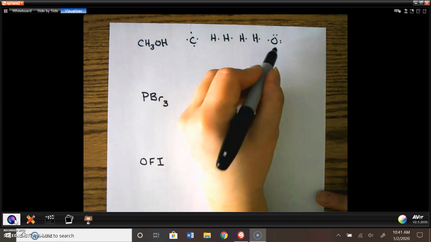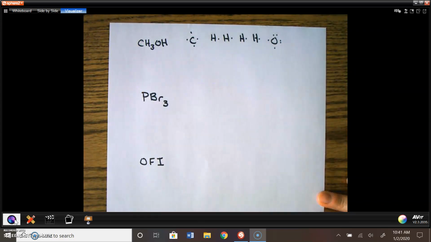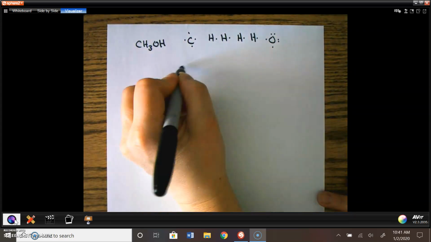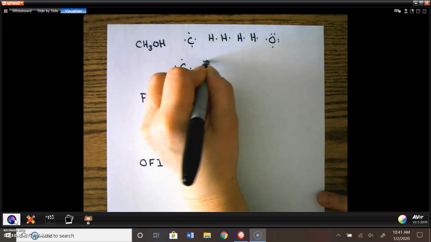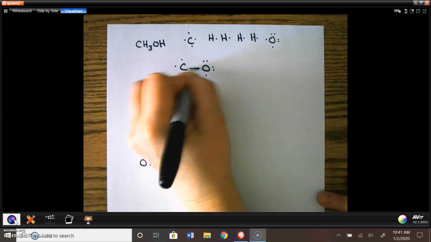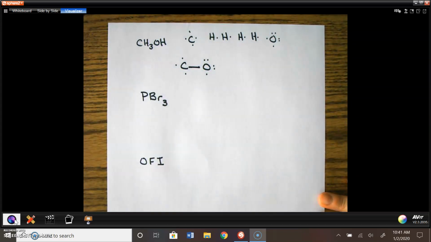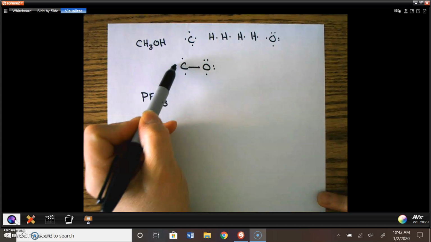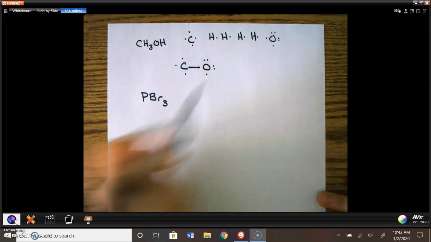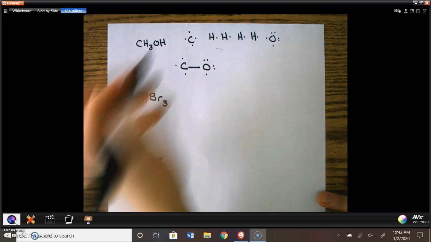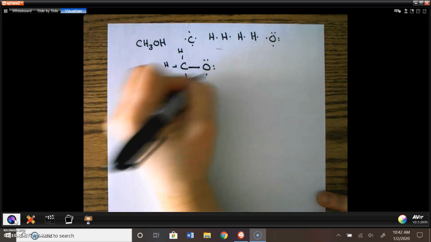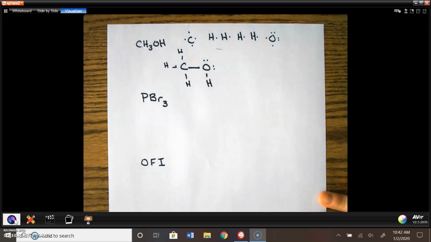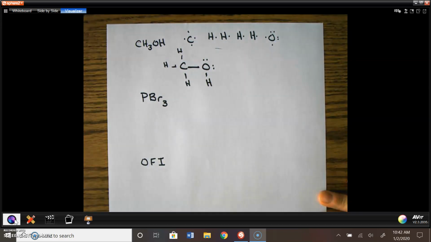So the 2 that need the most bonds, hopefully it makes sense, are going to have to go together. So I've got carbon and oxygen with a bond. Now I still need 1, 2, 3, 4 more bonds, and look at that, I've got 4 hydrogens. So I can make my structure look like that. So hopefully that's what you came up with after a little bit of thought.